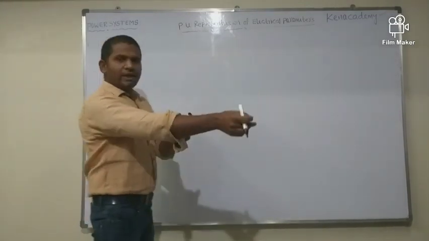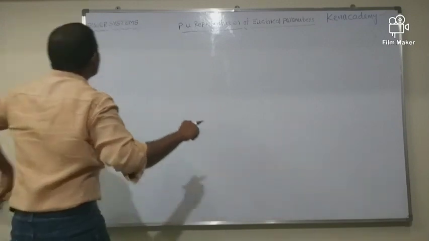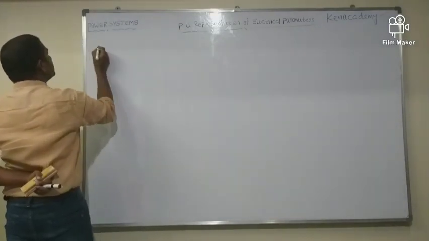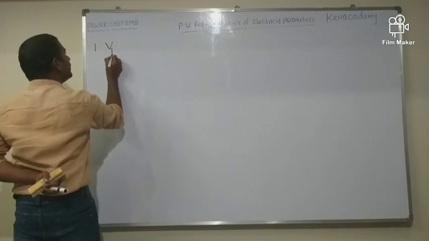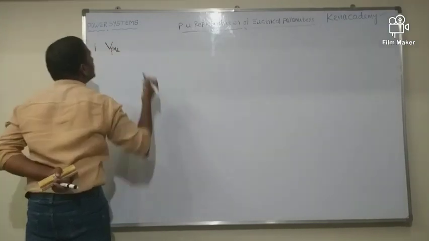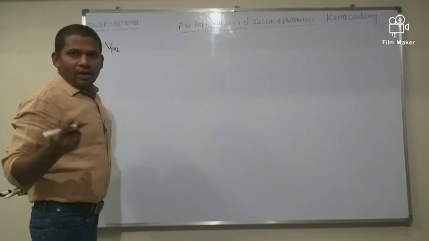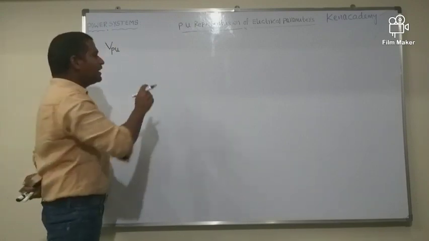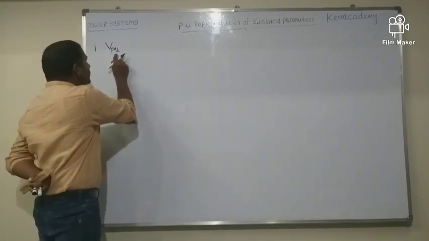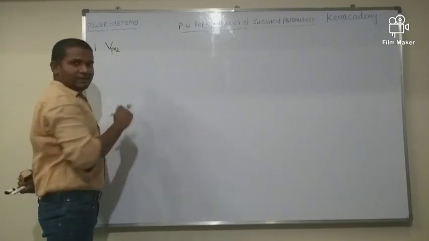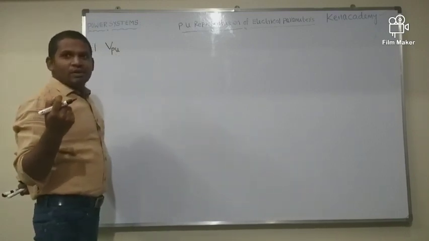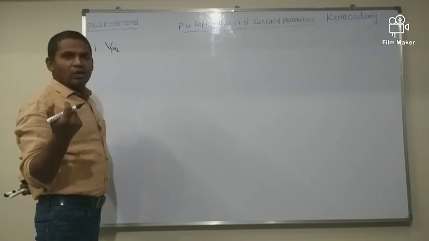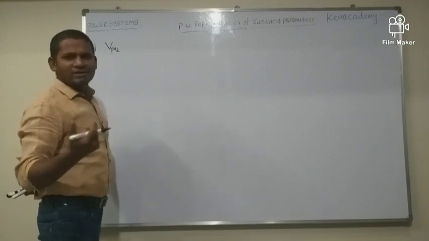Now see, there are so many electrical parameters. The first one is how to write per unit voltage. The per unit voltage is denoted by V per unit. For per unit representation in the subscript we use pu, but in the case of base representation we use the small letter b, so you can write V base like that.